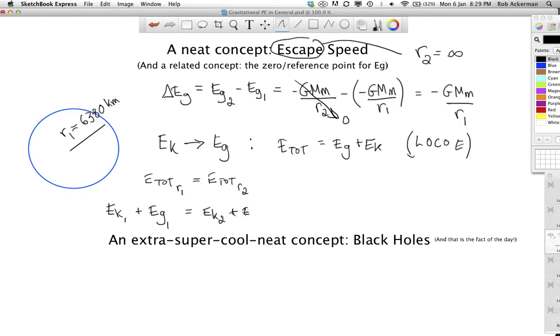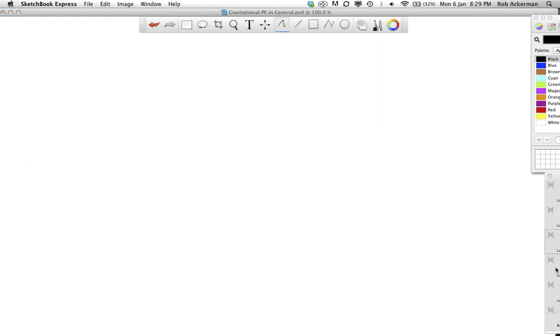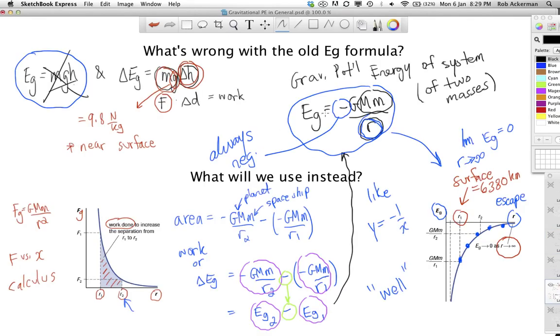plus Eg at infinity. Now, looking back, let's have a look at this. There's going to be lots of Ek, for sure. How much Eg will we have at the surface? Well, if you think back to what we discussed over here, we learned about a concept called the gravitational potential energy of the system.